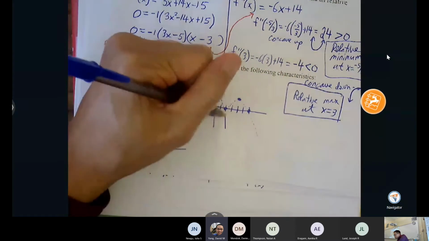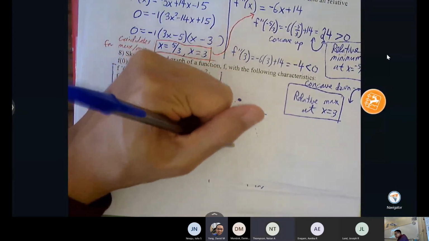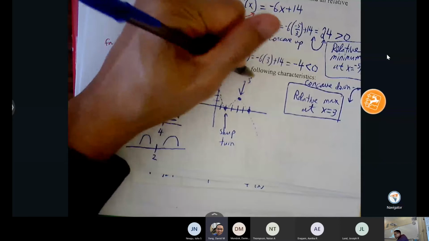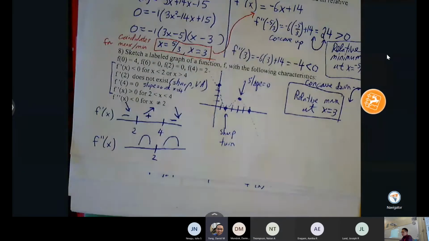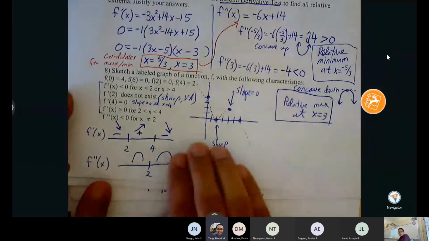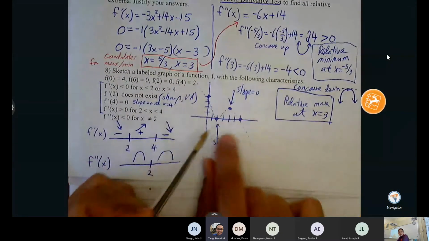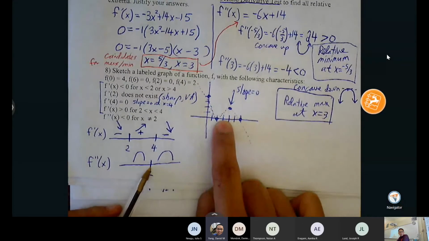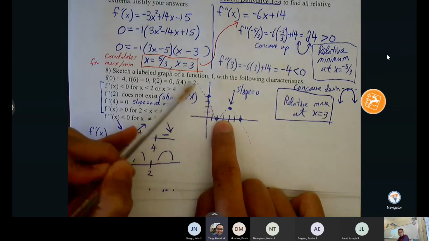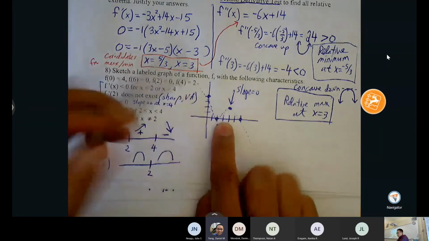We know that we want this to be a sharp turn. We want this to be a slope 0. Okay, so here is my updated graph. I know up until 2, I want my graph to be concave down. So I want that concave down shape, but it's going to have to follow this path, right? It's always going to be decreasing.